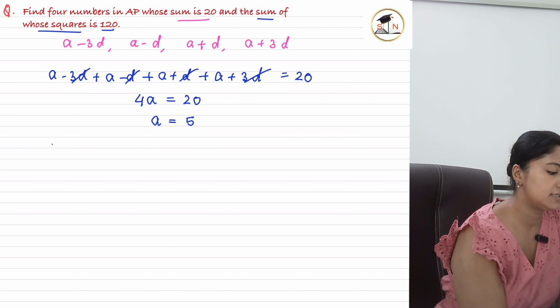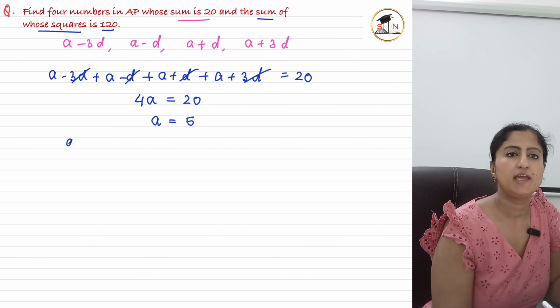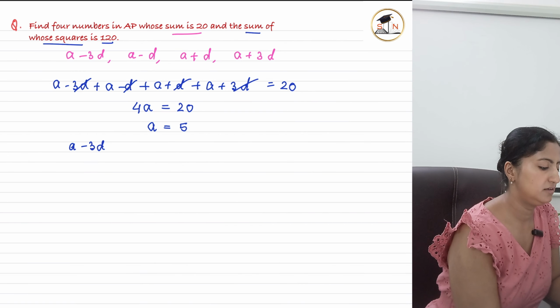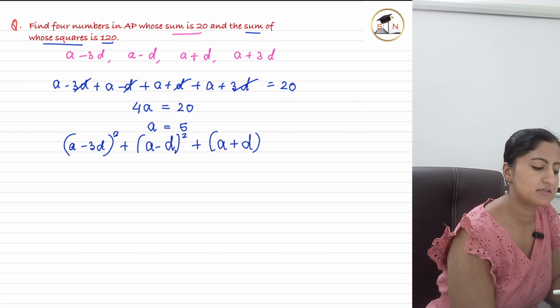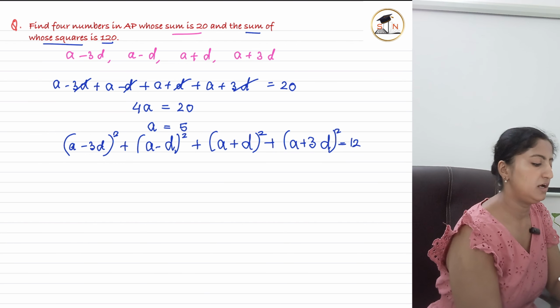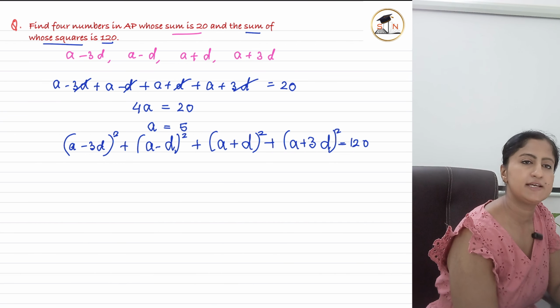Whose squares means we have to do the square of each and every number, add them and equate with 120. So let's start doing this. It means we have to do A minus 3D whole square plus A minus D whole square plus A plus D square plus A plus 3D whole square, and this is given to us as 120. Now, we had got the value of A as 5.